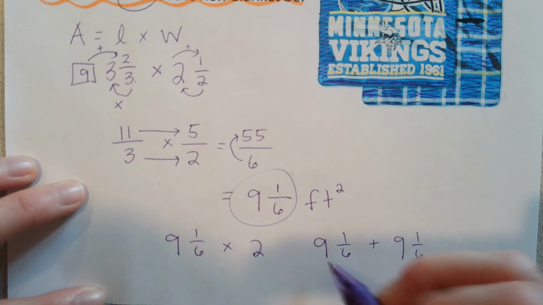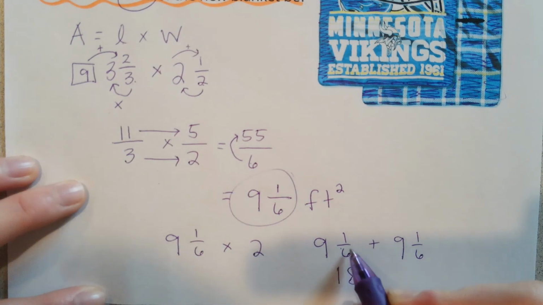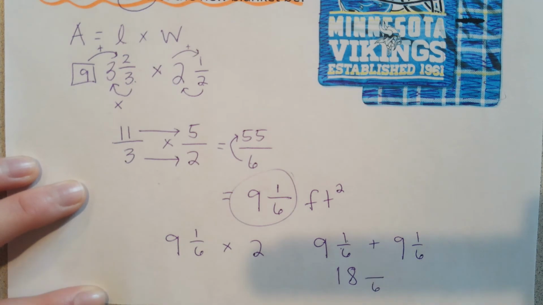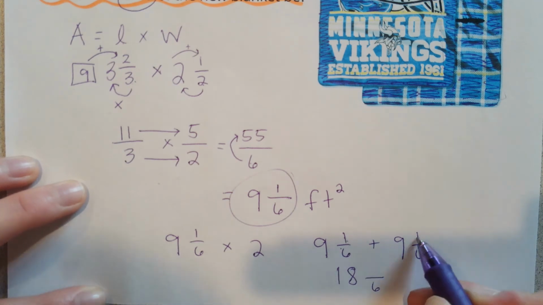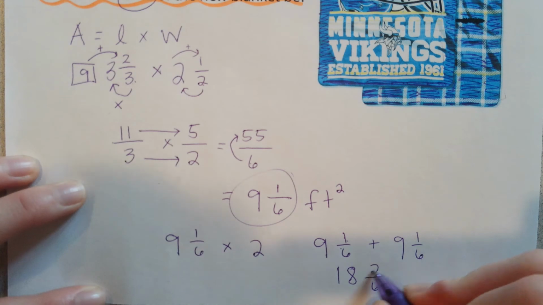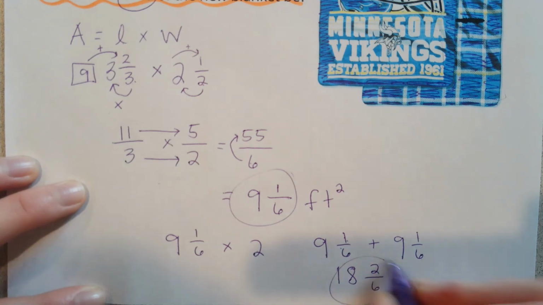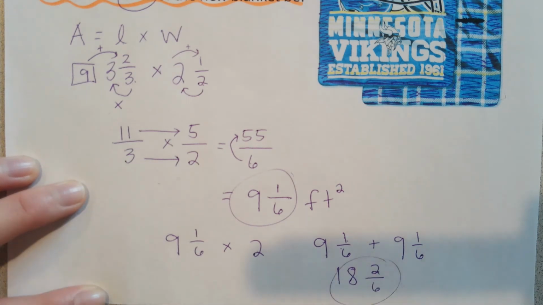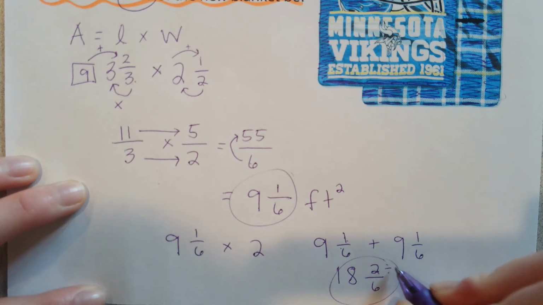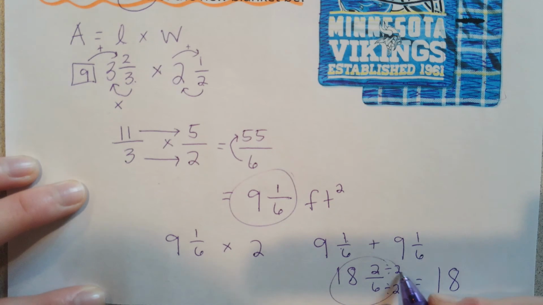9 plus 9 is 18. And if I have 1/6 plus 1/6, I already have common denominators, so those can stay the same. And then I have 1 plus 1 on the top of my numerators, and I get 2. So 18 and 2/6. Well, I see that 2 and 6 have a buddy of 2. I can divide by 2 and divide by 2. So that's the same as 18 and 1/3.